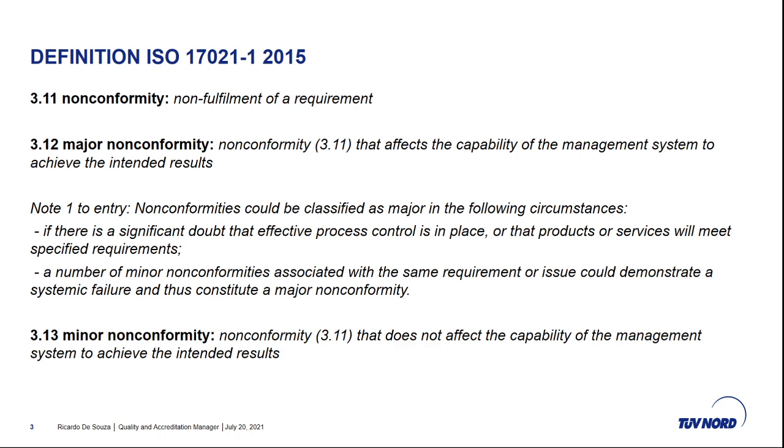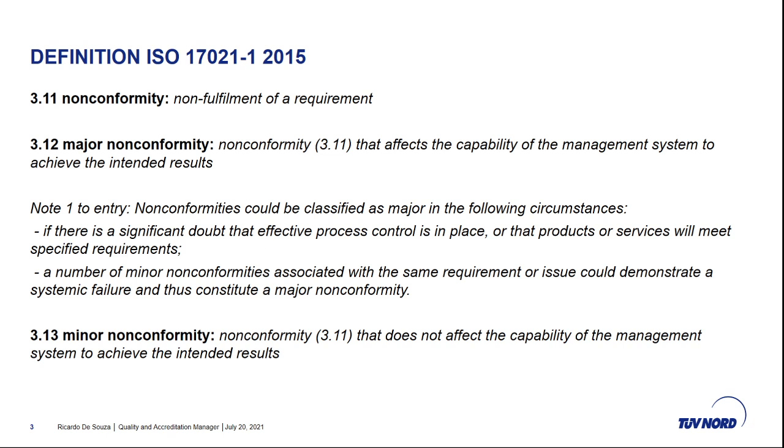But if the accreditation auditor samples, let's say, 10 files to review, and in the majority of the files, he doesn't find the list of attendance, then that can be a major nonconformity, because TUV is systematically not recording the attendance of the audit.